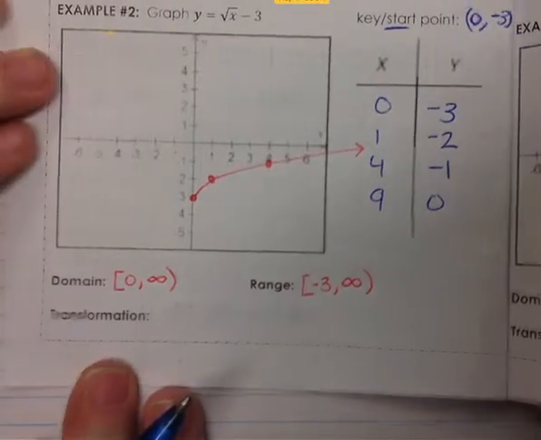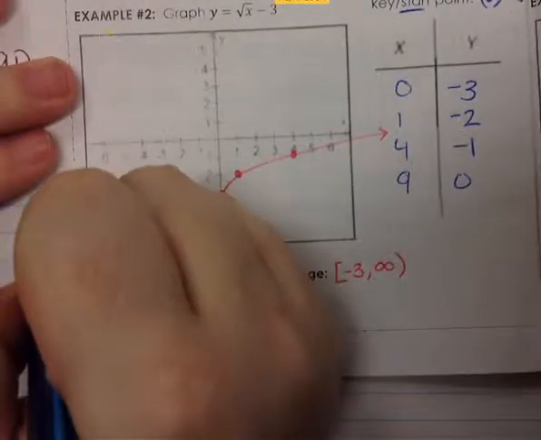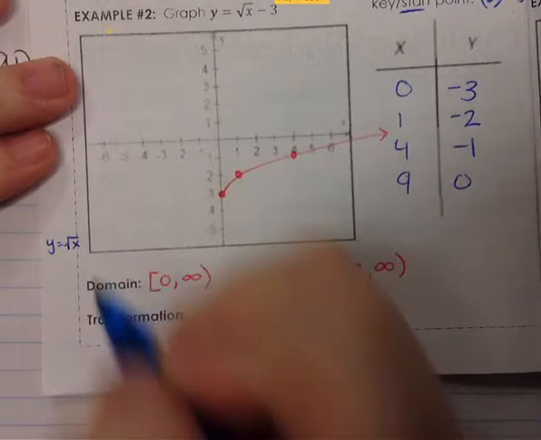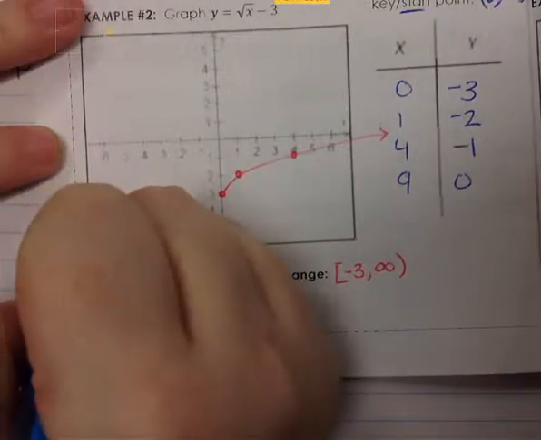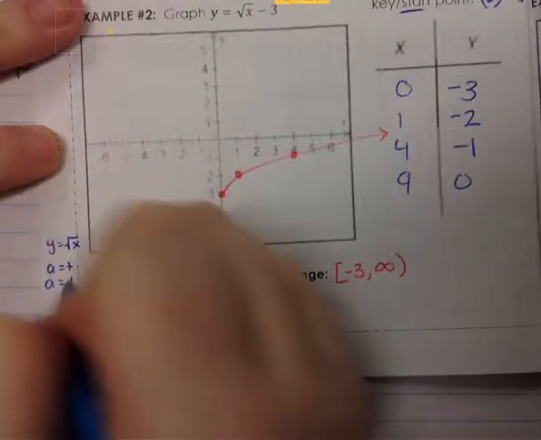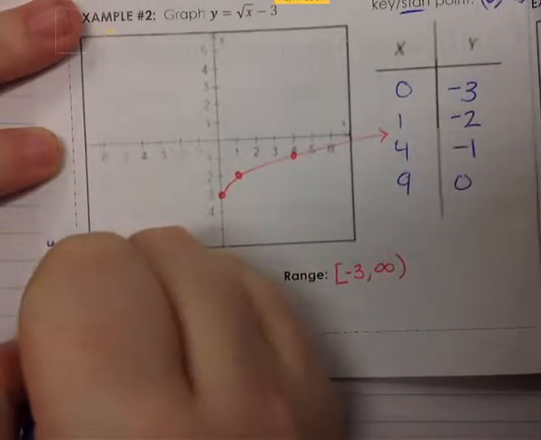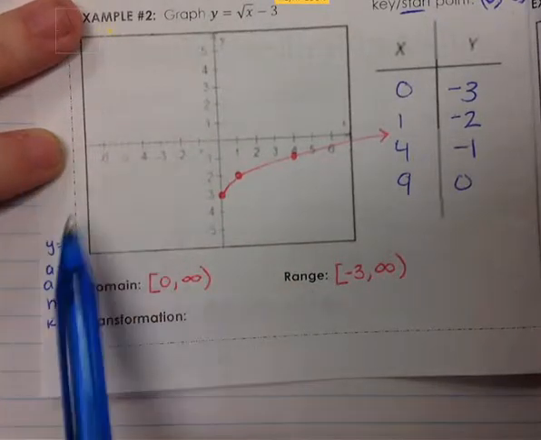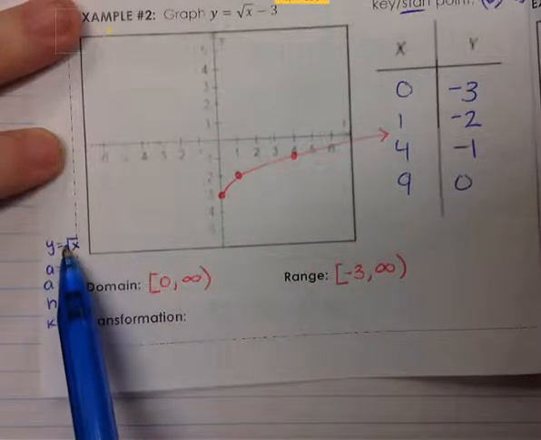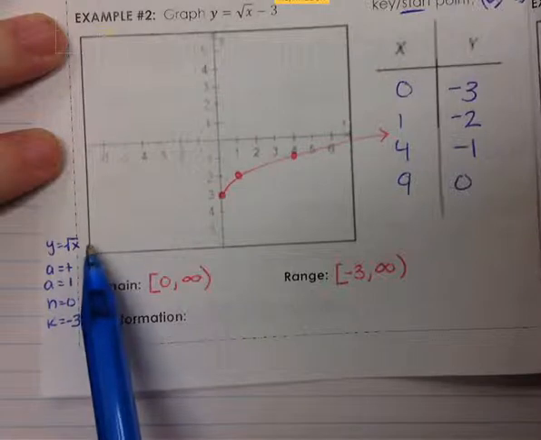For our transformation, again, it comes from y equals the square root of x. Our a from our problem is a positive 1. Our h was 0, and our k was negative 3. From the original, it's supposed to be a positive 1, 0, 0.